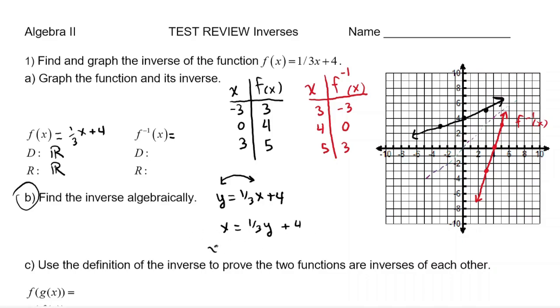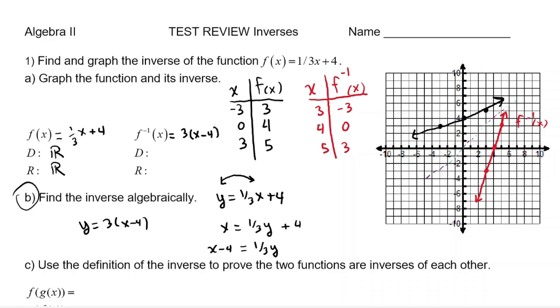So we would get x minus 4 equals 1/3 y. And then we would multiply both sides by 3. So we would get y equals 3 times x minus 4, and then the y would become our f inverse. So this would be 3 times the quantity x minus 4, and we can test this out to see if this is true.